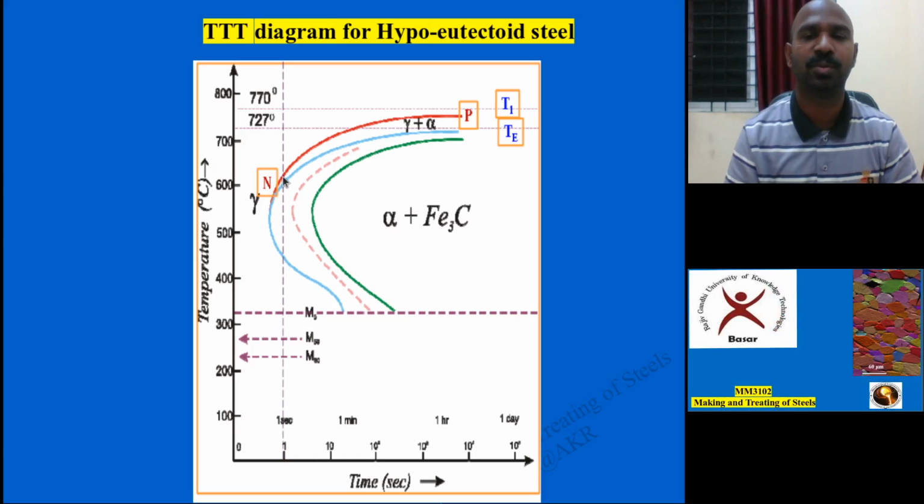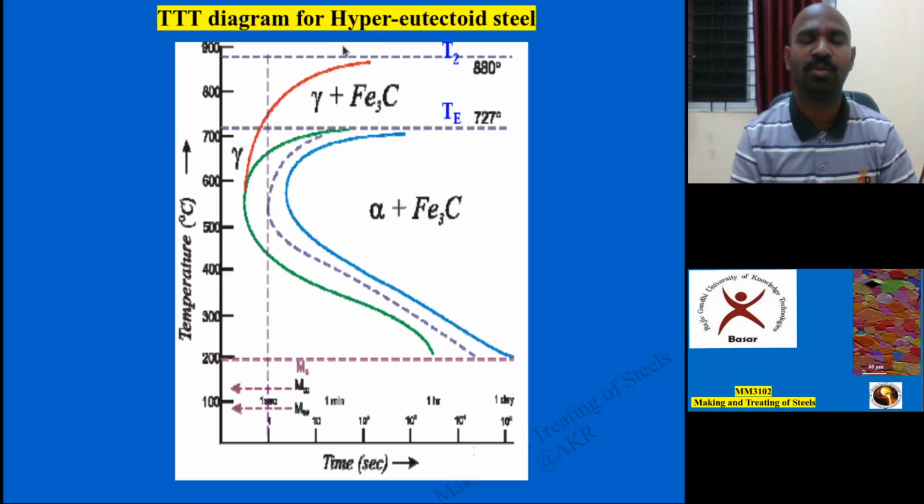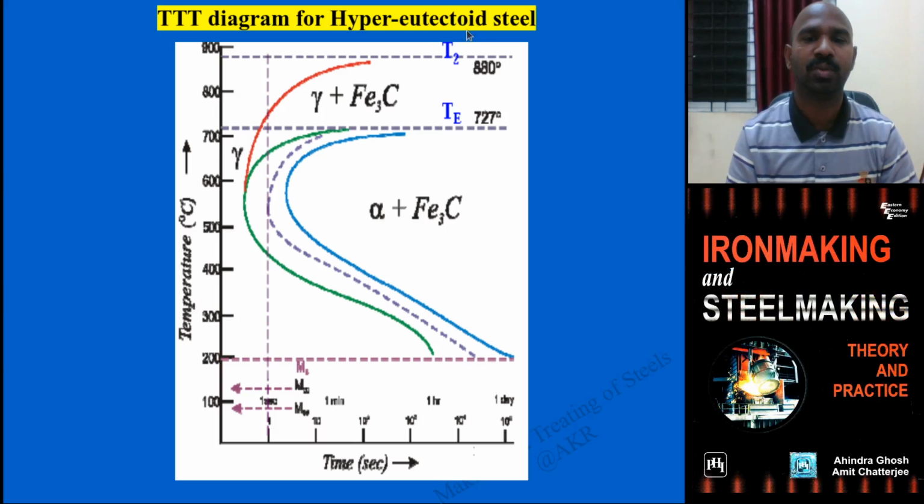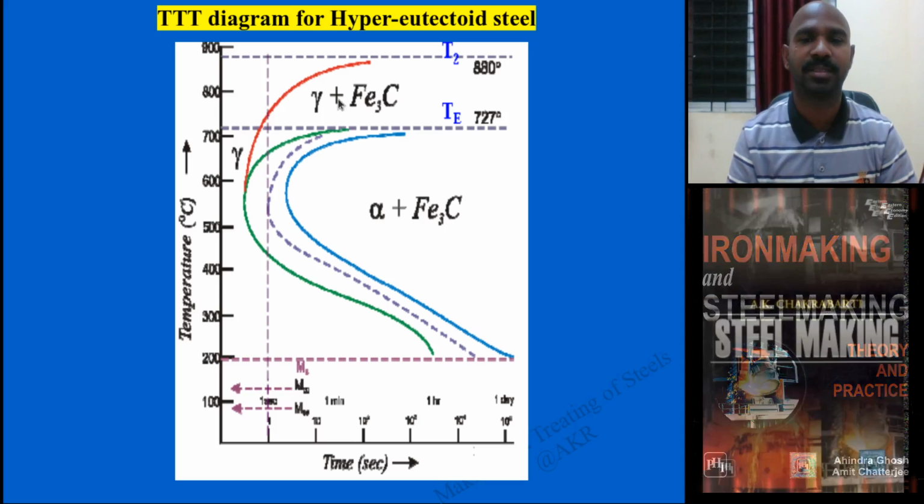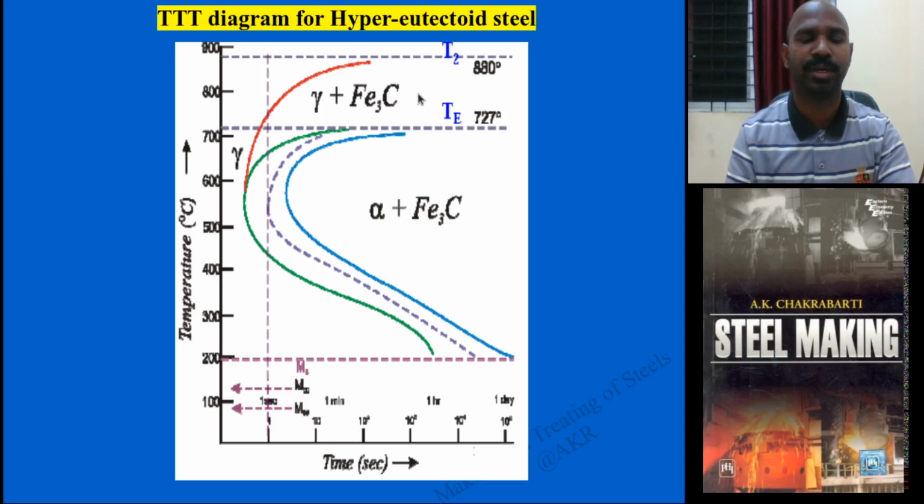When you cross this nose, pearlite starts, as I explained in the previous diagram. This is hypereutectoid steel. For hypereutectoid steel, the T2 temperature, 80 degrees Celsius, is chosen. Initially, on the hypereutectoid steel side, it is austenite plus cementite.